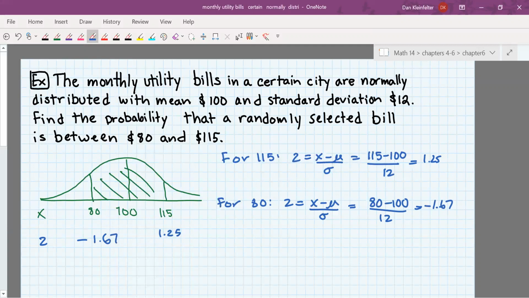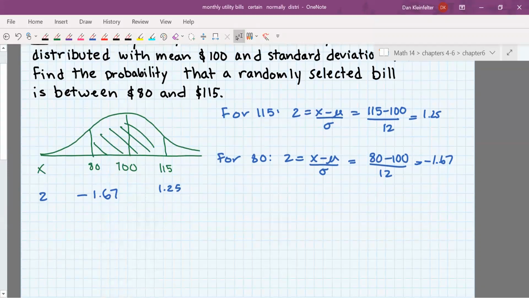Okay, so now we want the difference between two areas. The probability that Z will be less than 1.25, using our table, 1.25, that's 0.8944.